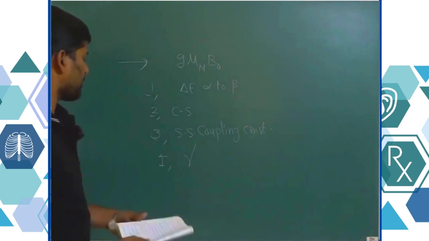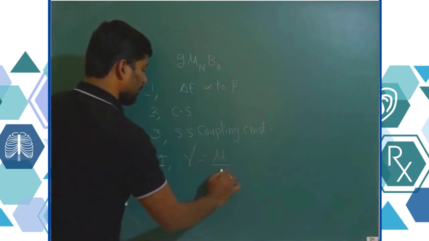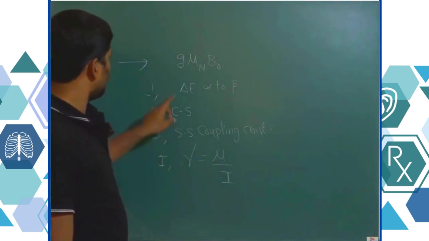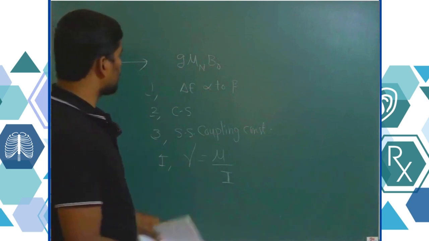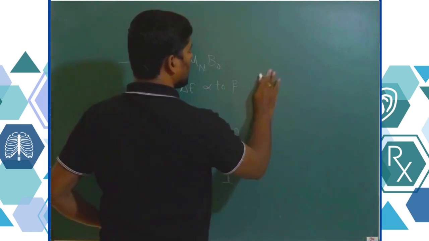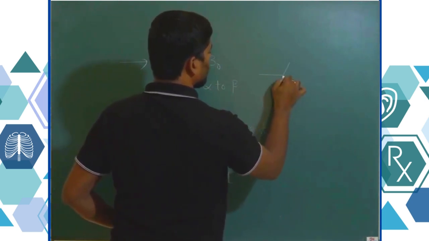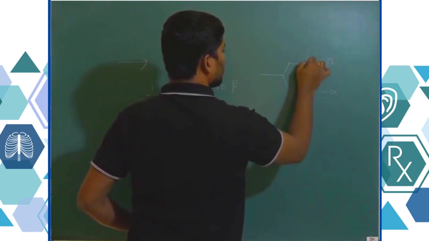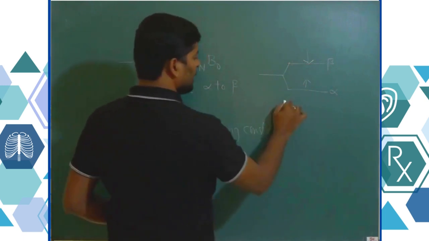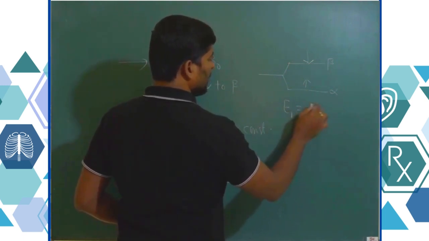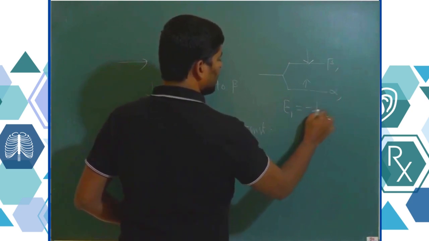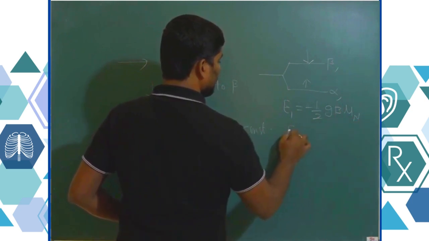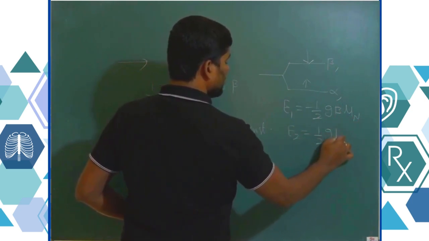Gyromagnetic ratio is nothing but the ratio of magnetic moment mu to spin angular momentum I. So g B0 mu n gives delta E. Whenever we take a proton under the influence of a magnetic field, we get the alpha state, upward orientation, and the beta state, downward orientation. The energy expressions are E1 equals minus 1 by 2 g B0 mu n and E2 equals plus 1 by 2 g B0 mu n.